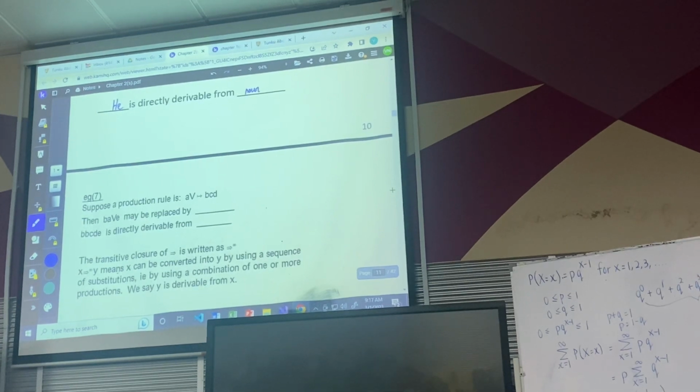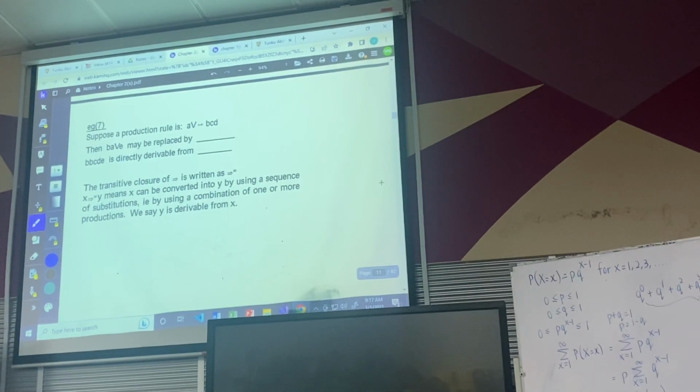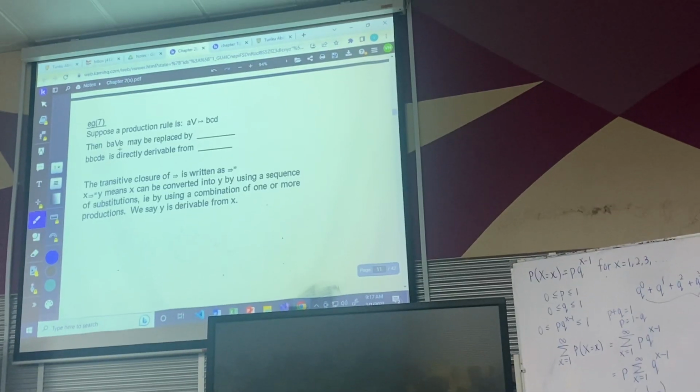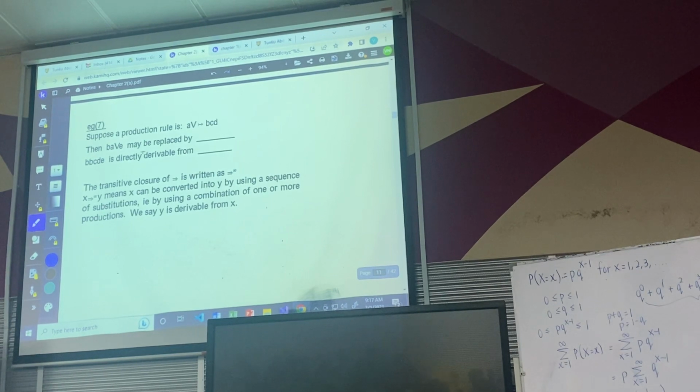For example here, if you have the production given like this, AB can be substituted with BCD. So if they give you BABE, meaning that we can replace AB with BCD. What do we get for this string here?